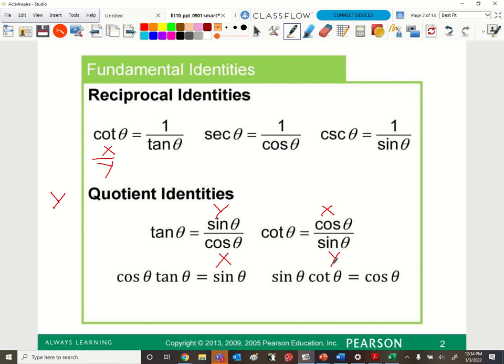Now, I'm going to show you how to get these other things right here. So cosine times tangent is supposed to be equal to sine. Now, if you notice, I don't have the angles on here. It doesn't say my alpha, my beta, my theta, or my x's.